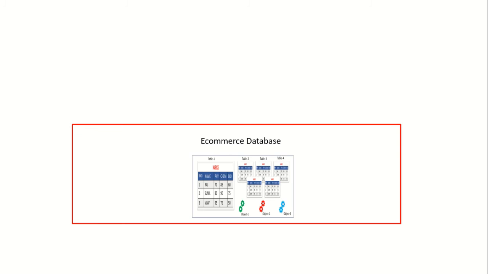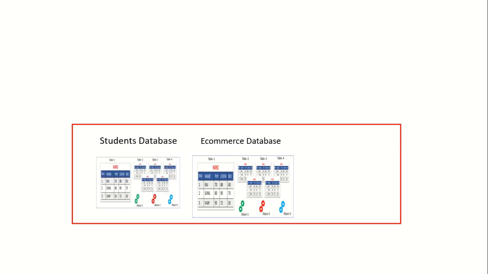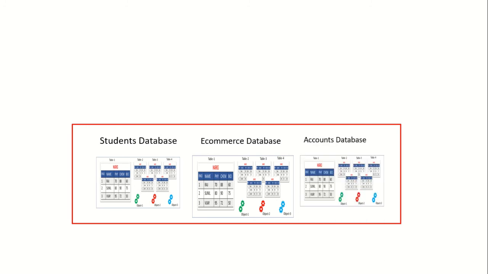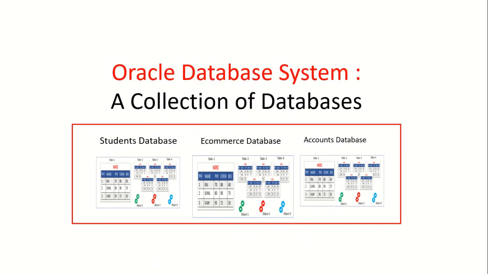It can be a students' database. It can be an accounts database. Similarly, we can create n number of databases. And collectively, this collection of databases, we call it Oracle database system.